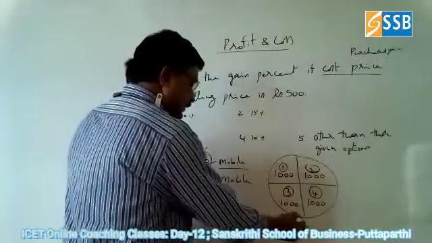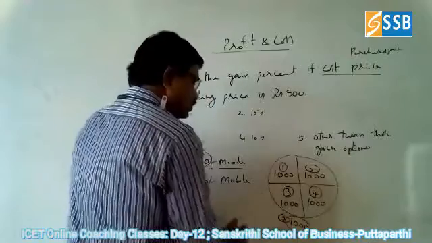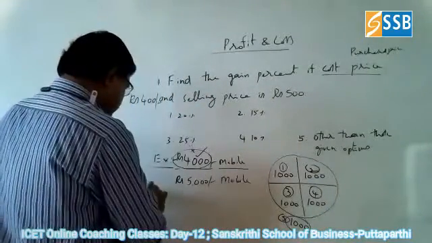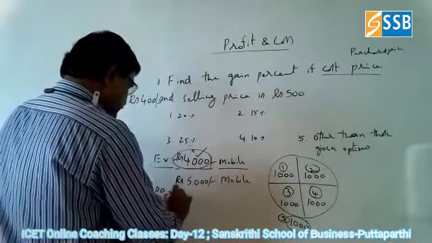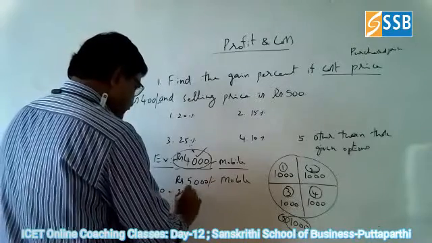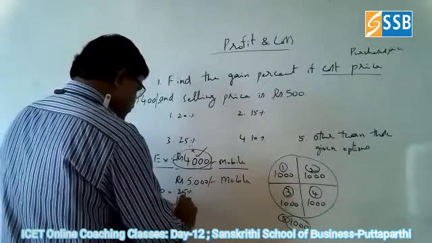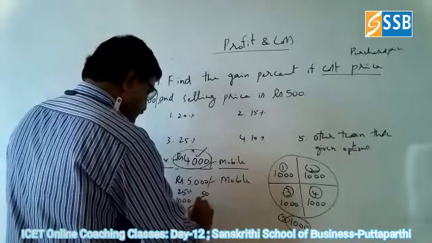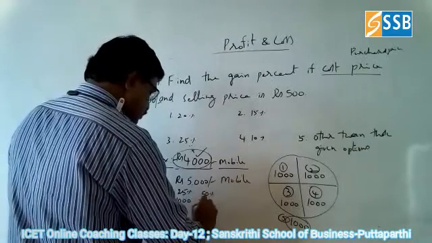So, what is the percentage of this 1,000 rupees of this 4,000? So, 4,000: 25% is 1,000, right? 50% is 2,000.